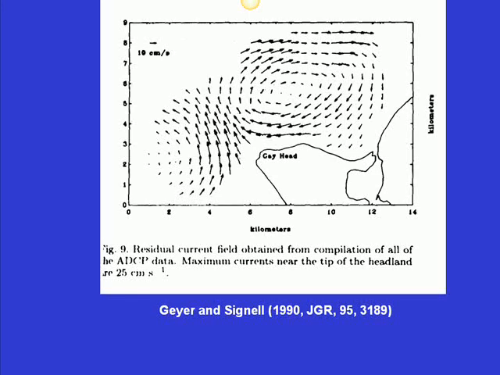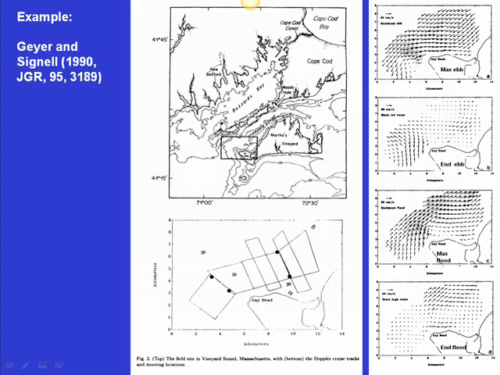Okay, any questions? Is that an amphidromic point? No, nothing to do with the amphidromic point, because these are tidal residual flows. We're not looking at how the tide behaves in the basin. That would be how the tide behaves in the basin.